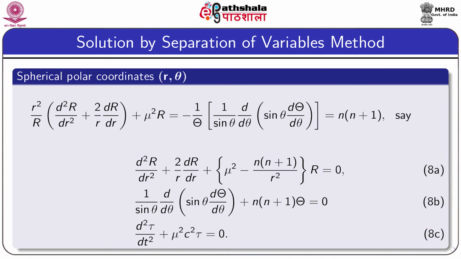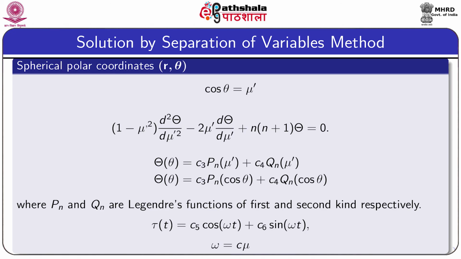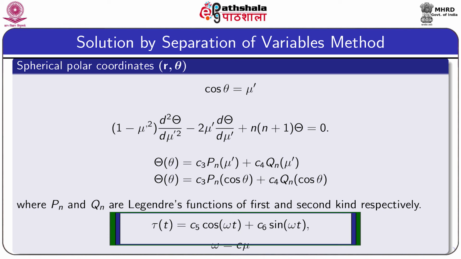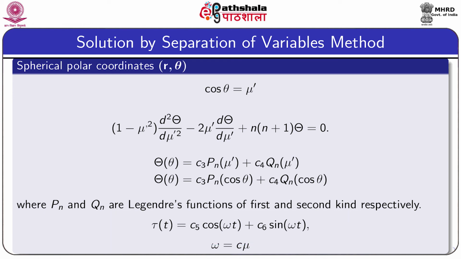If you look at these equations, it is easy to find the solutions. If you start from the tau equation, the solution is a combination of sine and cosine functions, and can be written as tau is equal to some constant C5 cos omega t plus C6 sin omega t, where omega is c into mu.